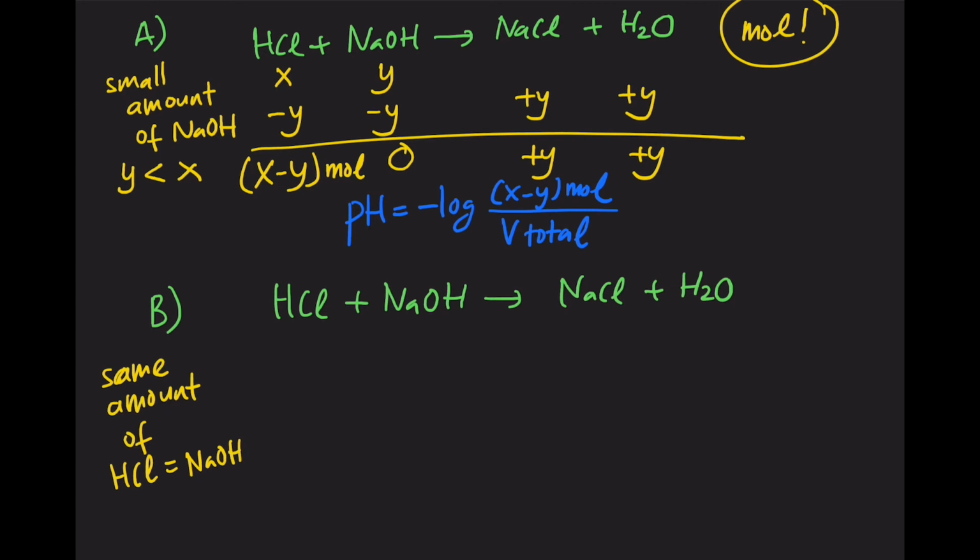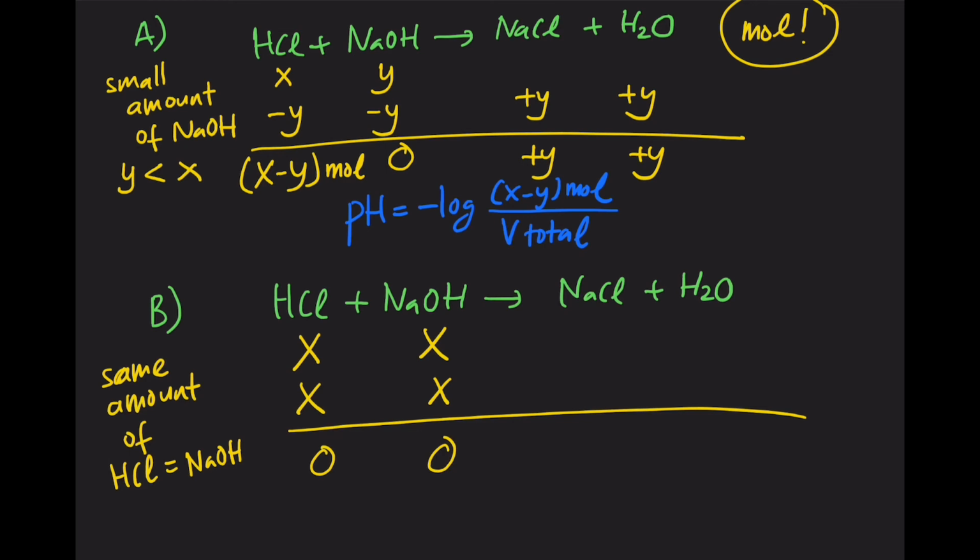So if we have X over here, we also have X over there. So both of them will react with each other and be consumed completely. So at this point, you will only have a salt, which is NaCl, and you also have H2O. And since NaCl is a neutral salt, the pH has to be 7.